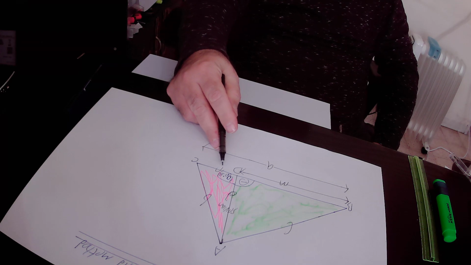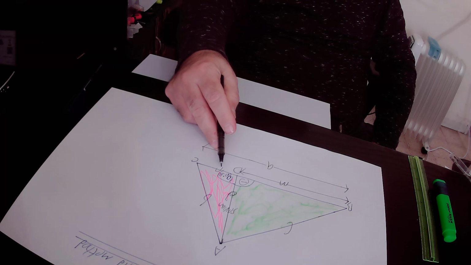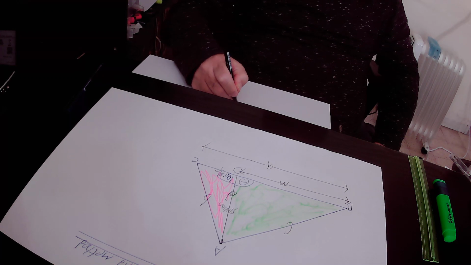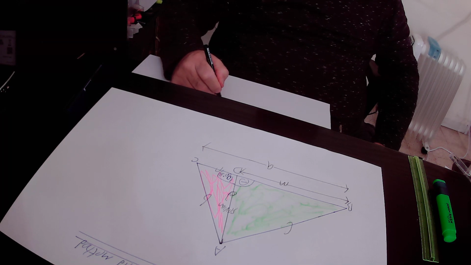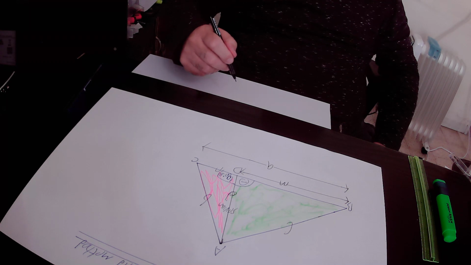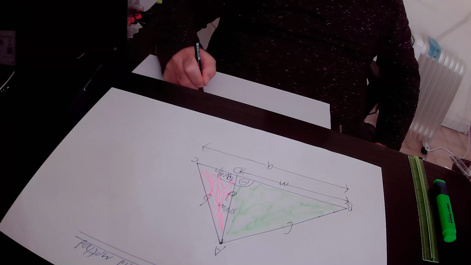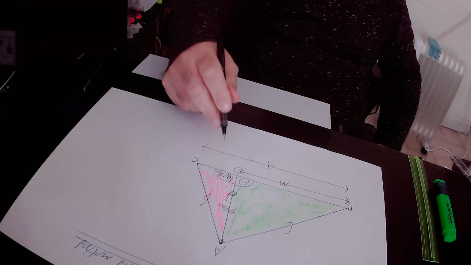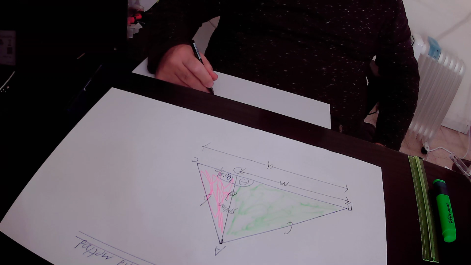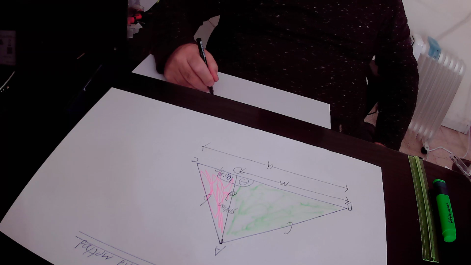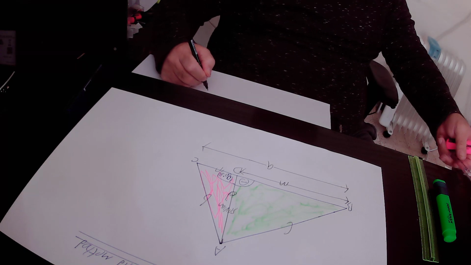Cosine 180 degrees minus theta. Here this angle equals 180 degrees minus theta. So cosine 180 degrees minus theta equals d square plus n square minus b square over 2 times dn.